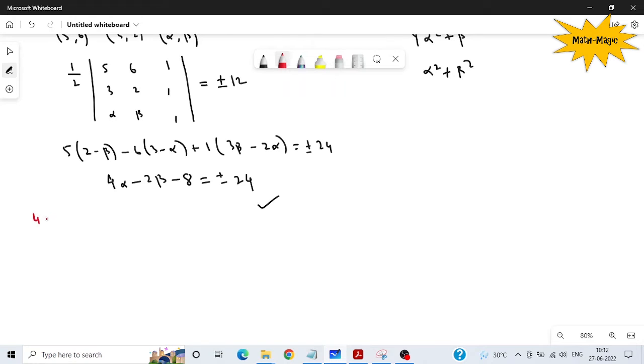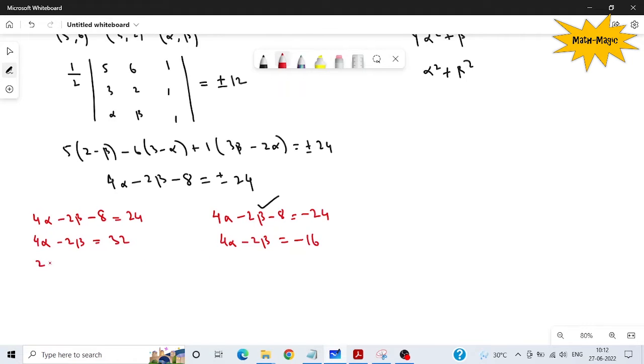The first possibility is 4 alpha minus 2 beta minus 8 equals 24, and the second is 4 alpha minus 2 beta minus 8 equals minus 24. From the first we get 4 alpha minus 2 beta equals 32, and from the second 4 alpha minus 2 beta equals minus 16.